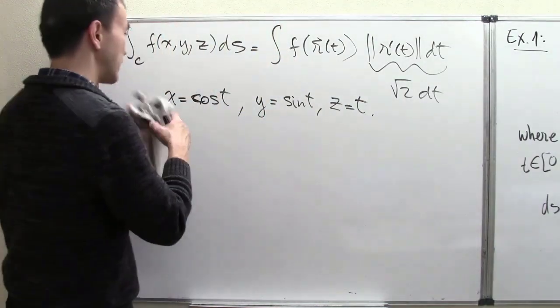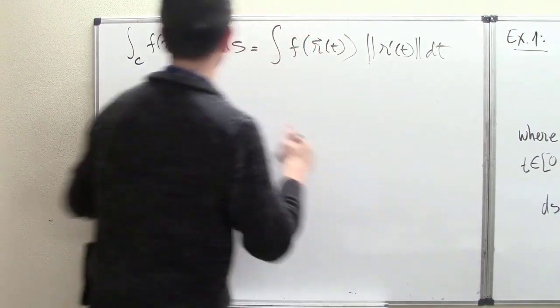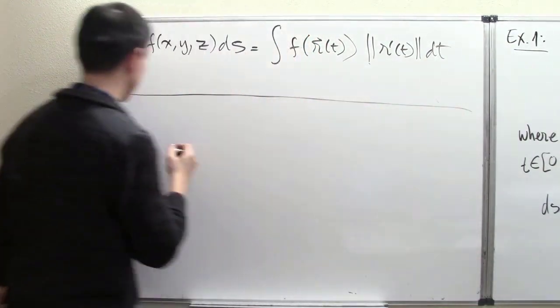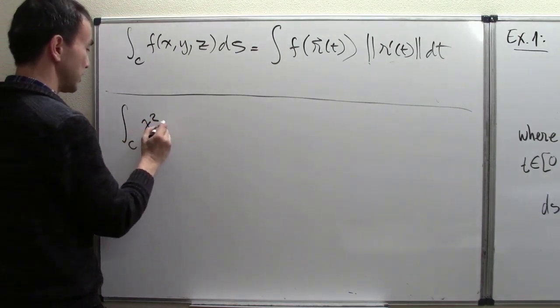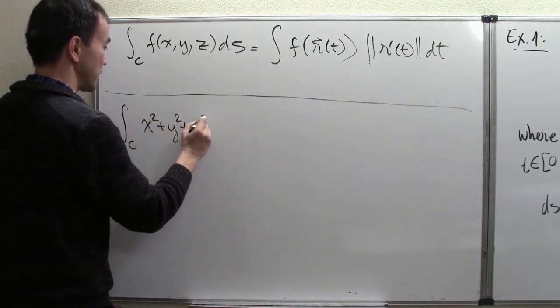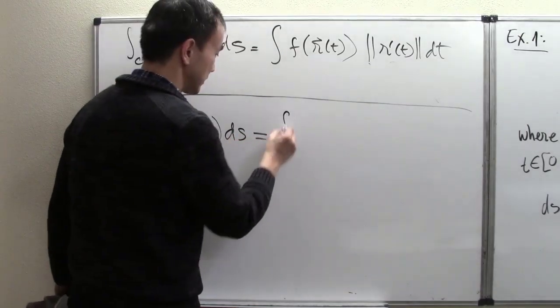And so we're going to substitute these into our function. According to the theorem that we have done right here, the problem becomes the following. The line integral of x squared plus y squared plus z squared, all multiplied with ds, we set up as the integral.